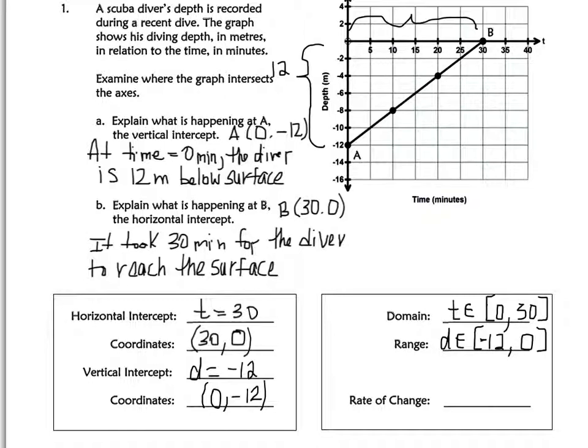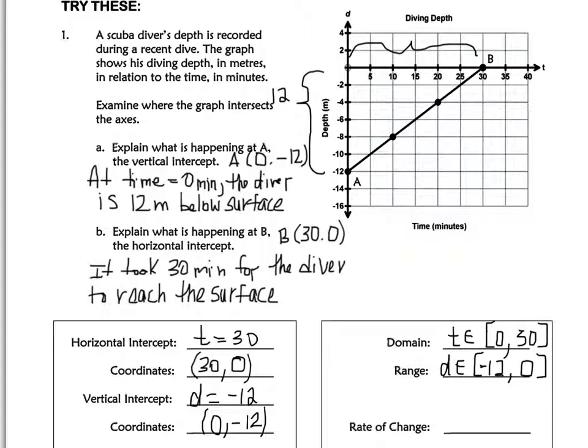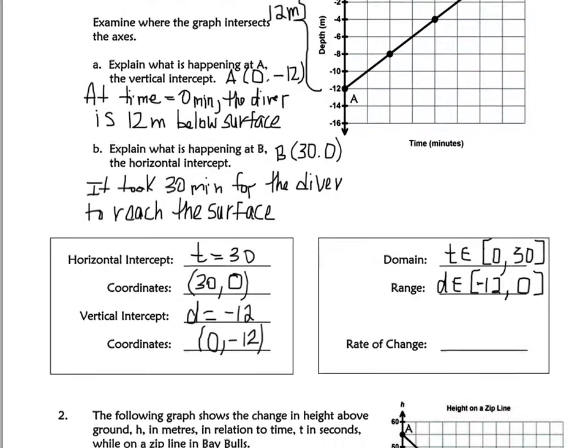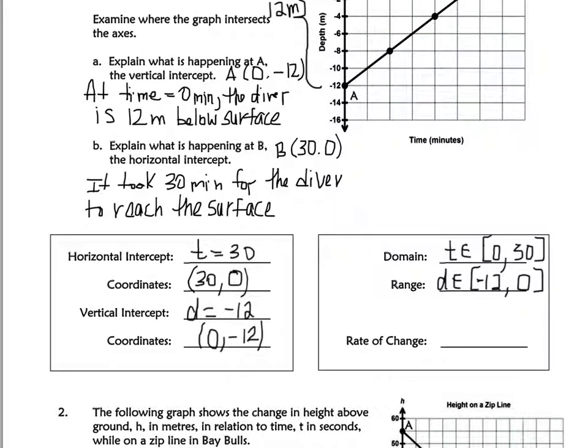So the time frame in which that depth was reached was 30 minutes. And if we look, the depth is increasing as time goes on, so this would be a positive rate of change. So we would be expecting a positive answer. So this would be 12 meters over 30 minutes.